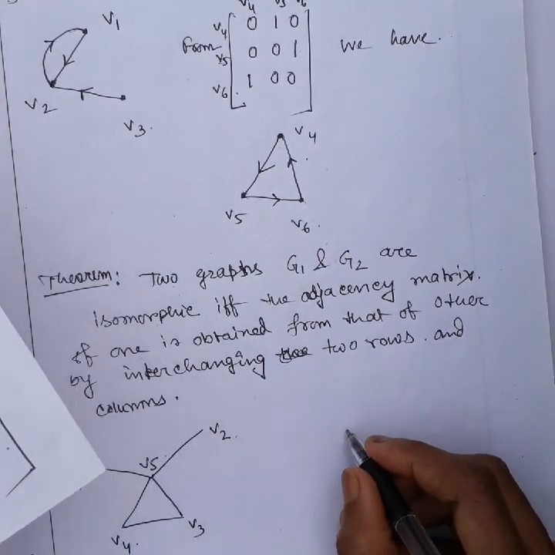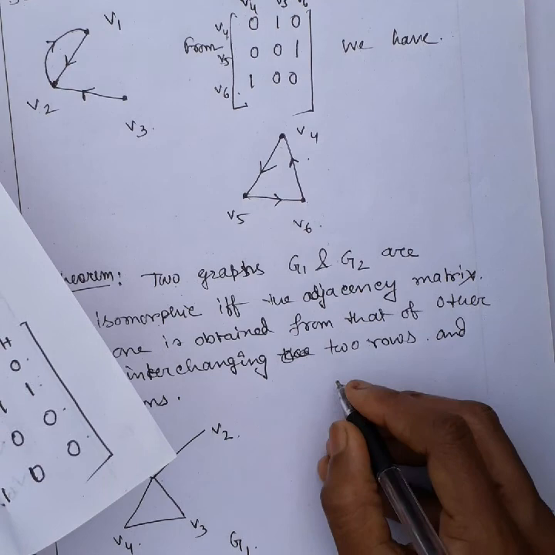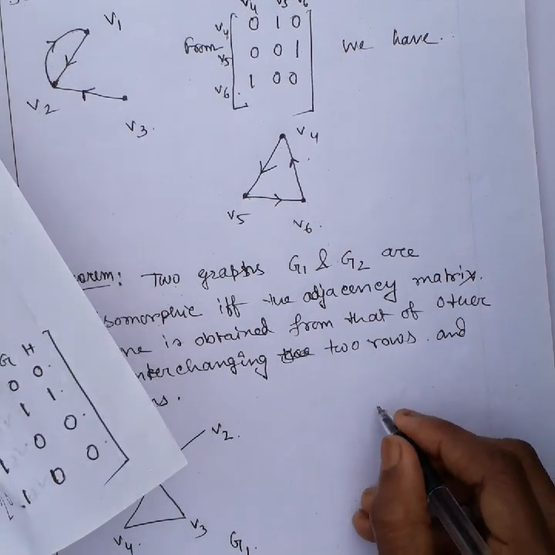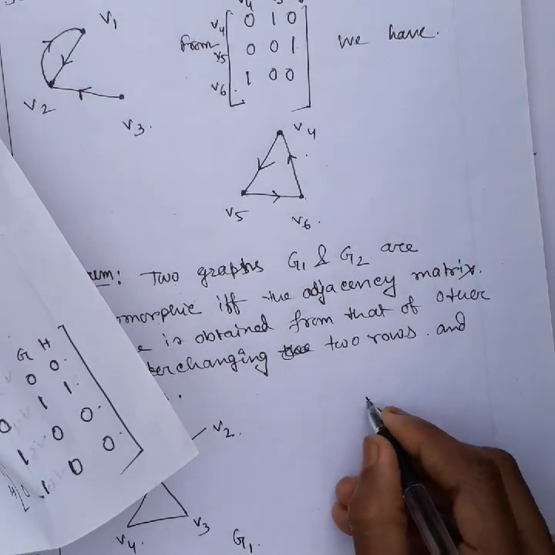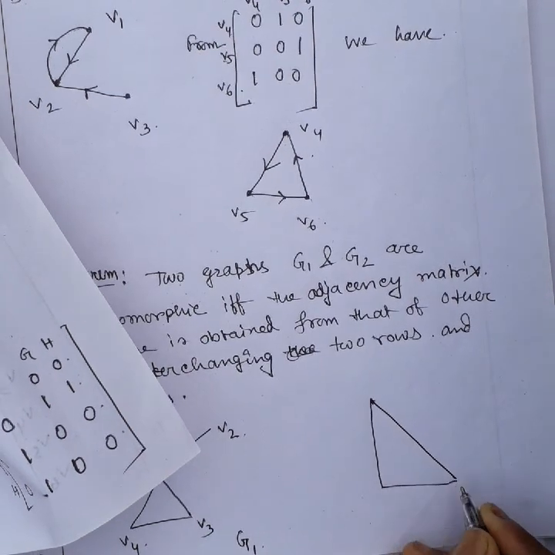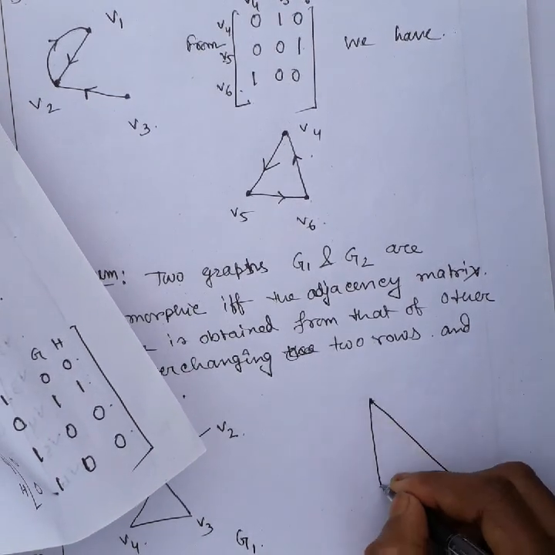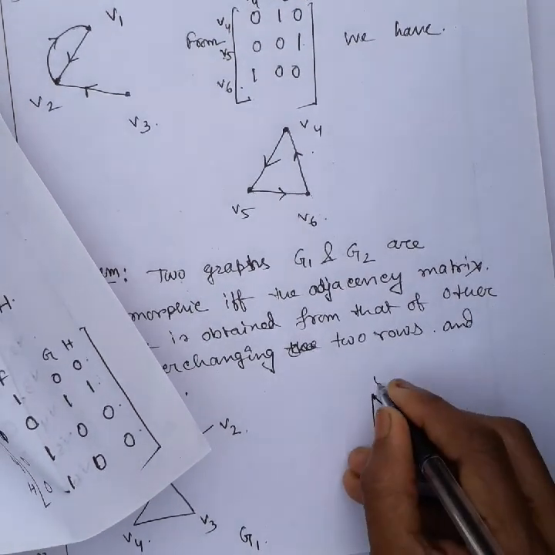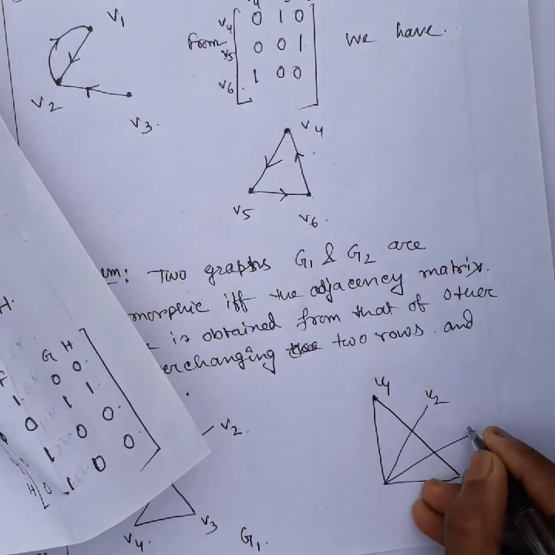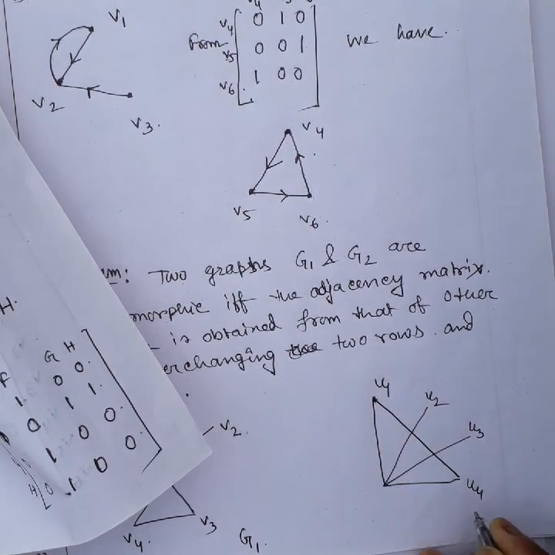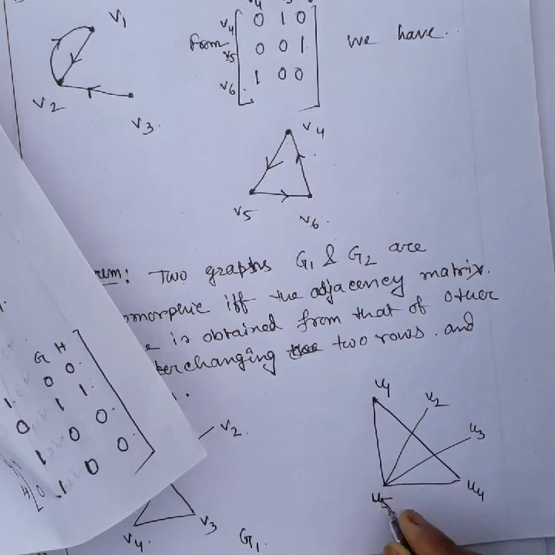And we have another graph, say G2, with vertices U1, U2, U3, U4, U5.